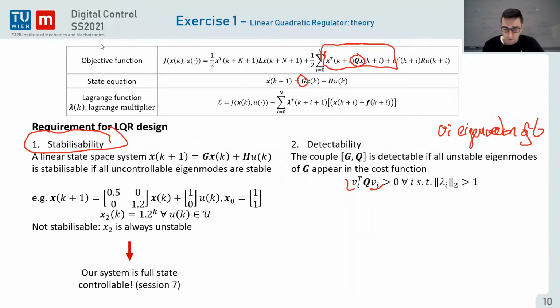Here vi are eigenvectors of J for lambda i with norm bigger than 1, which means that it's an unstable eigenmode.